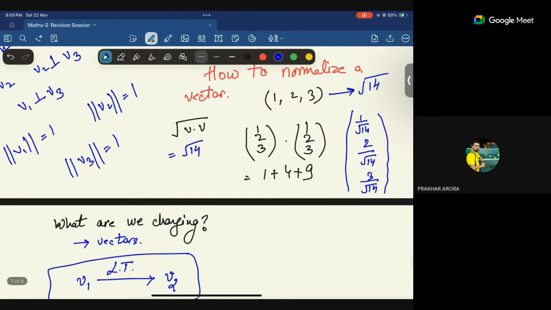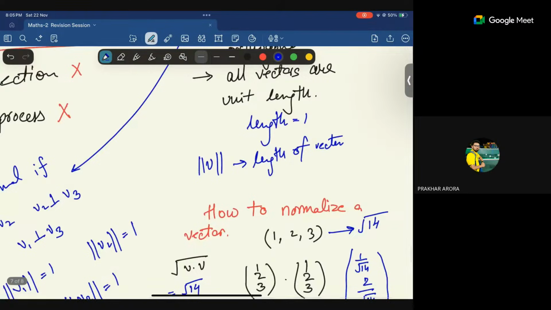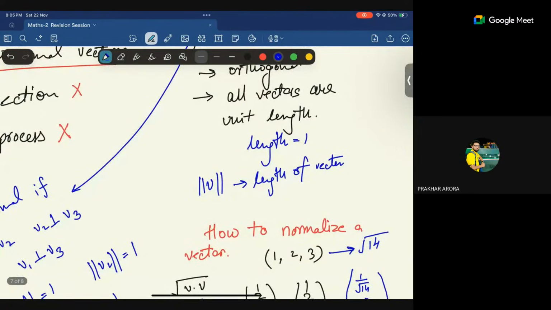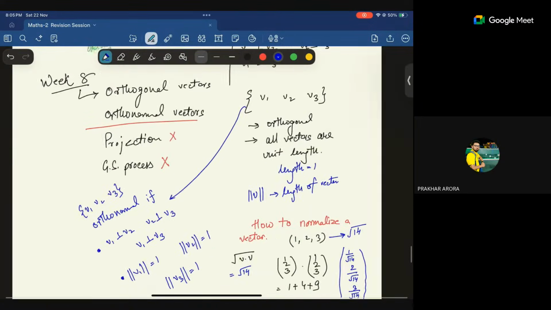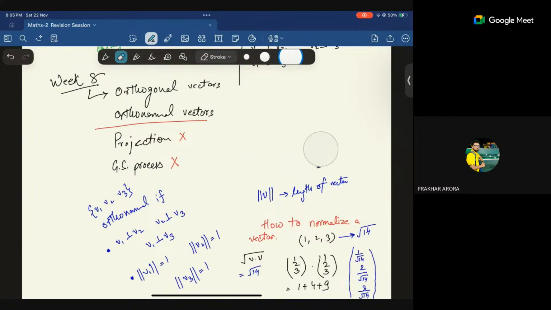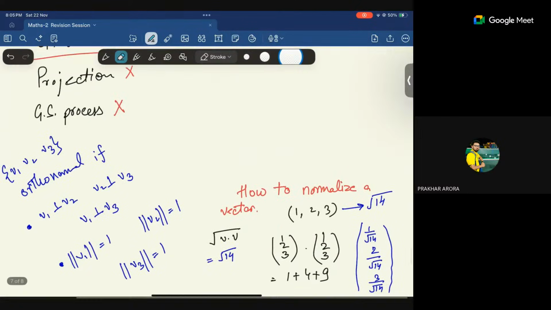So what can I say? I can say that the length, I don't have space here. Just a second. I wrote this thing here, so I'm erasing it. How to normalize a vector?